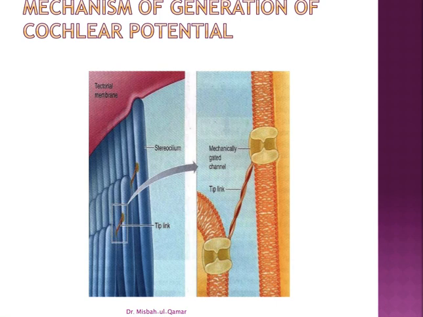The inside of the membrane reaches from minus 60 to minus 50 millivolts. So they cause the depolarization in the hair cells by the opening of these mechanically gated channels. And these mechanically gated channels are the potassium channels.